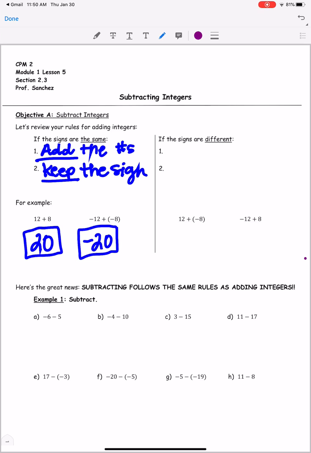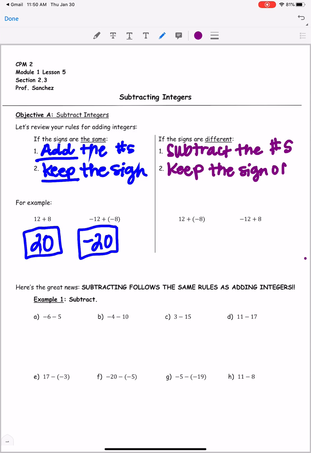When the signs are different, you are going to subtract the numbers and then you are going to keep the sign of the bigger number. So subtract and keep the sign of the bigger number.